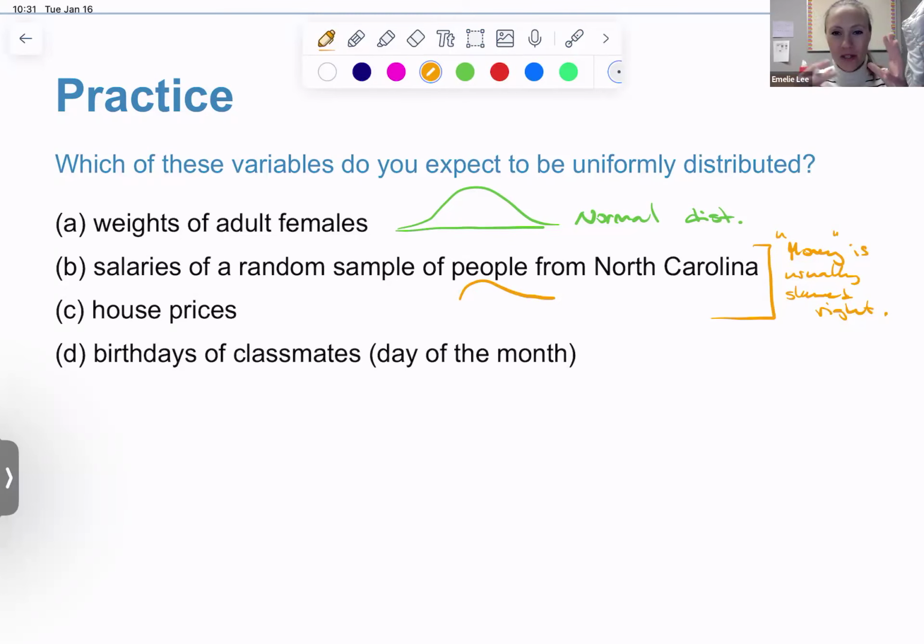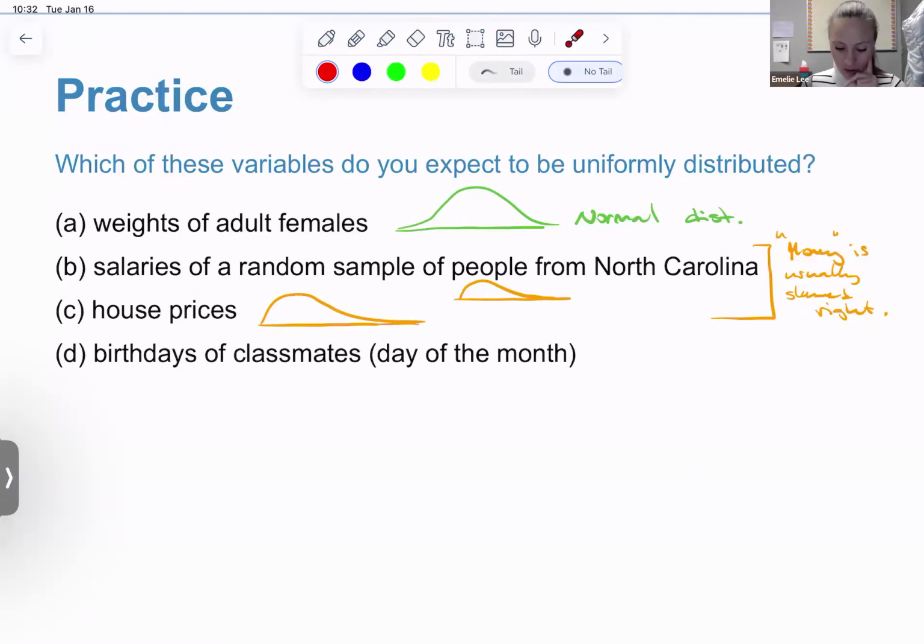Most homes are in this general range. Pretty expensive in Kelowna, but in general, and then there are some homes that are very, very, very pricey, but not very many. And so that's what you'll see, is that anything that has to do with money is usually skewed to the right.